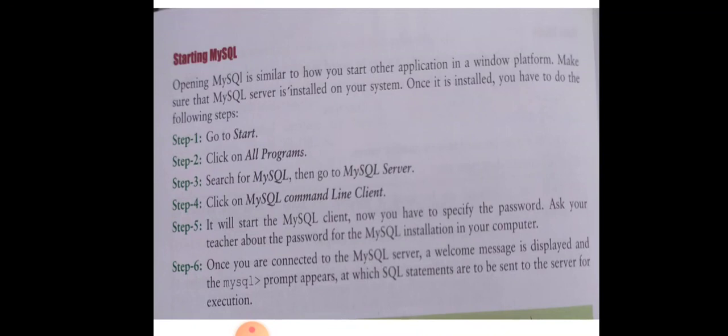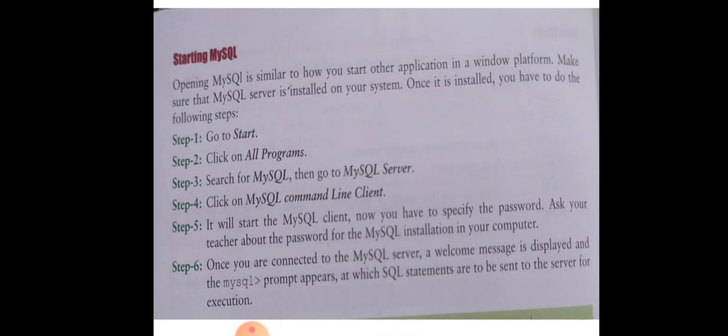Once it is installed, you have to do the following steps. First, go to the start button, then click on all programs, then MySQL, and then go to MySQL server or click on SQL command line client. It will start the MySQL client.